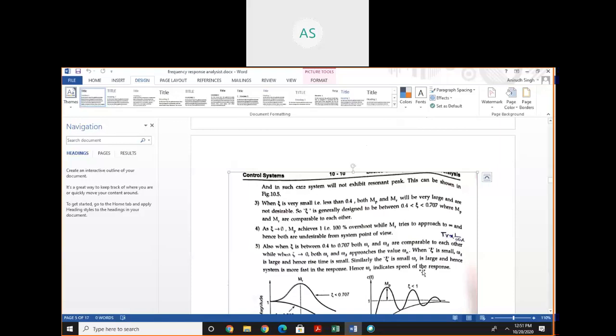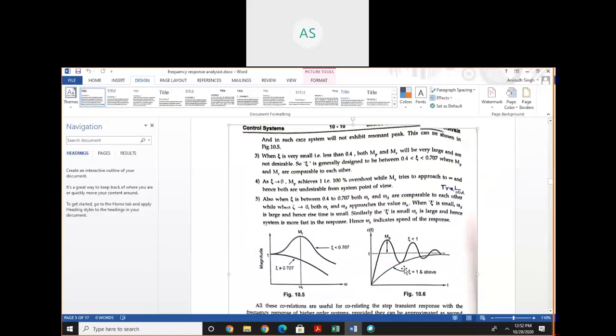Similarly, when zeta is small, omega R is small. Omega R means resonant frequency. It means rise time is small.